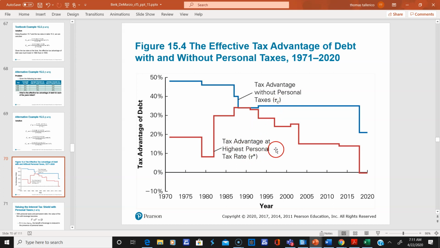So you can clearly see here the tax advantage without personal taxes, on just having a corporate rate, was about 20%.